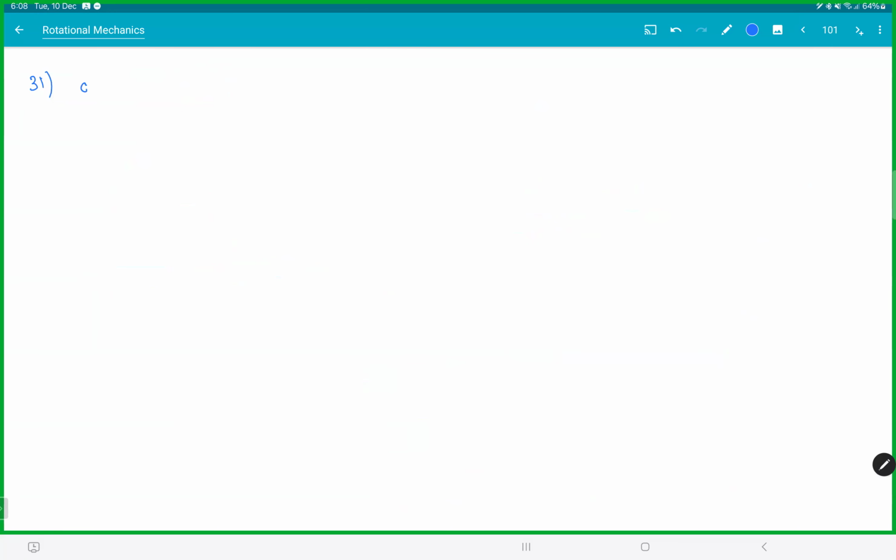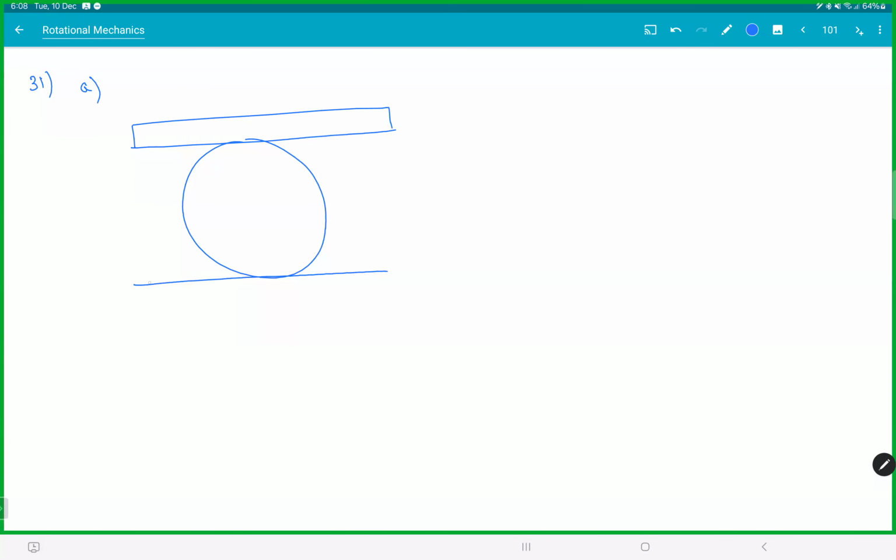Let's see a question. That would be the best thing to get things cleared. So we have a cylinder here. Radius is 2 meters.